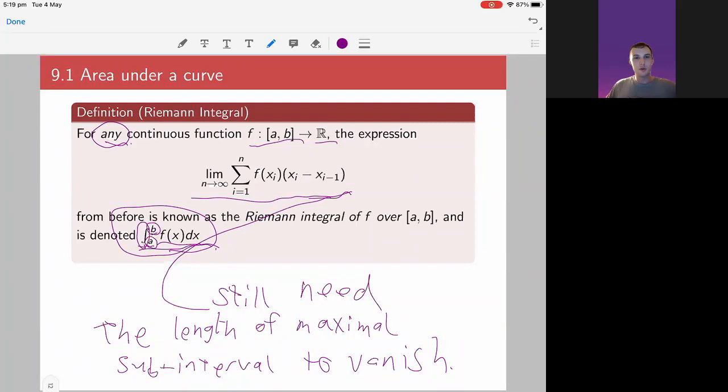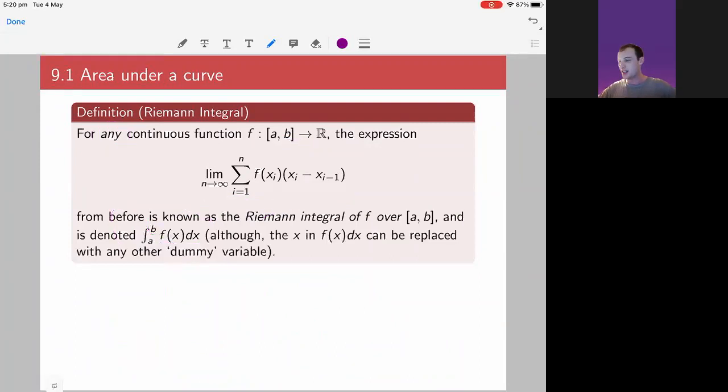So we'll talk about that in a second, but one more thing I want to point out about this definition before we talk about the relationship between the integral and area under the curve, is this f of x dx thing. This can be some cause of confusion, but hopefully it won't cause too much.